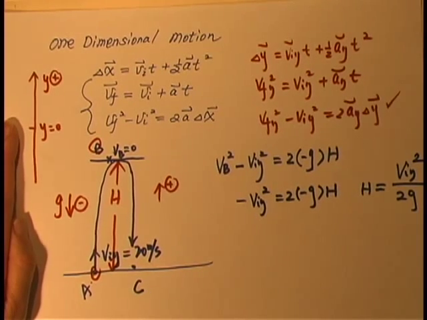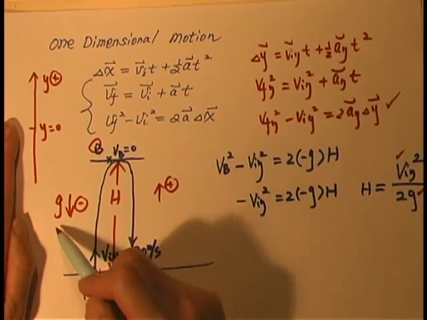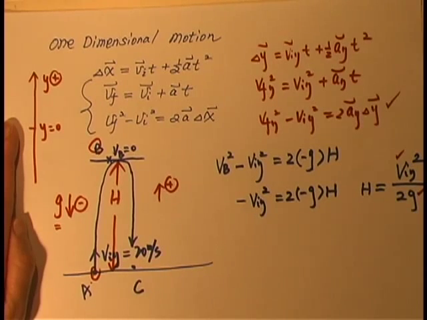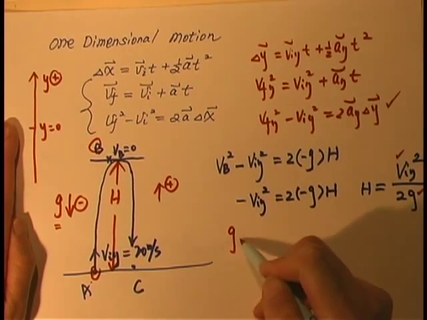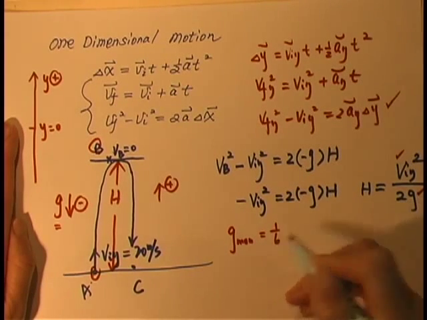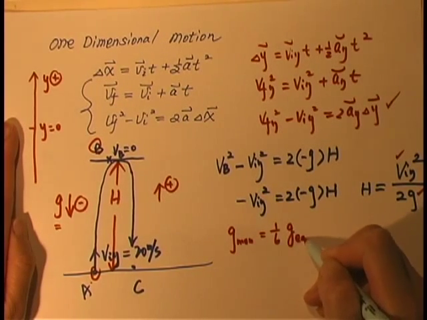See? So how high does it go? It really depends on how big the initial velocity up is and how big the Earth's gravitational pull is, which is the gravitational acceleration. So if we go to the moon, guess what? G on the moon is only 1/6 that of G on the Earth.